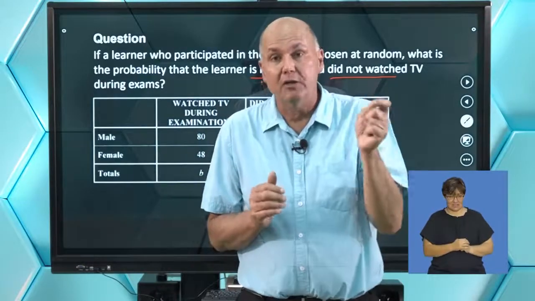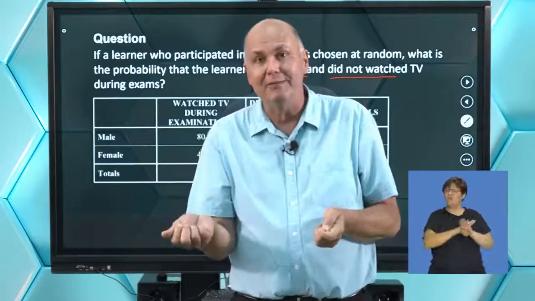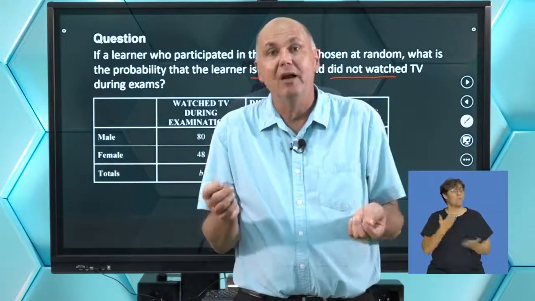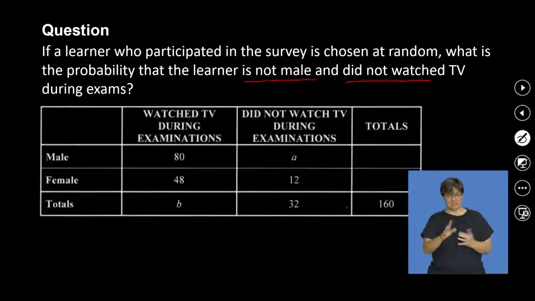If it's not male, then it's female. And if it's not watch TV, then what we're asking is, what's the probability of those females that did watch TV? So not male means female, and the opposite of not watch TV is watch TV.